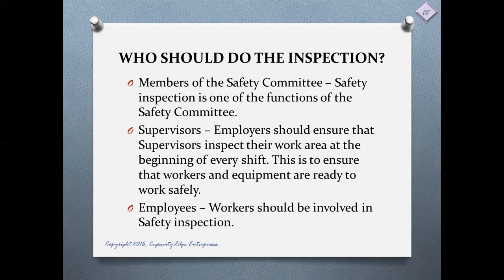Supervisors and employees should also be involved in safety inspection. So in the process of carrying out your safety inspection, you can ask certain questions from the employees. So for example, for employees that use a particular machine, you can actually ask them if they've observed certain parts of the machine that are harmful to them one way or the other, or if they perceive certain parts of the machine to be harmful one way or the other.